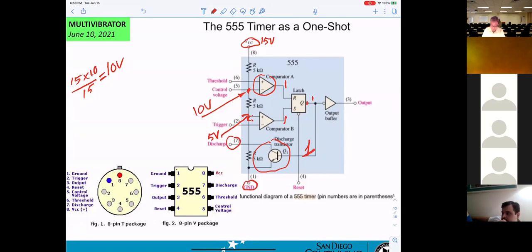See that? If you get a 0 here, the Q1 will be off. They not connect pin 7 to the ground. That is whatever happened inside the 555 timer.